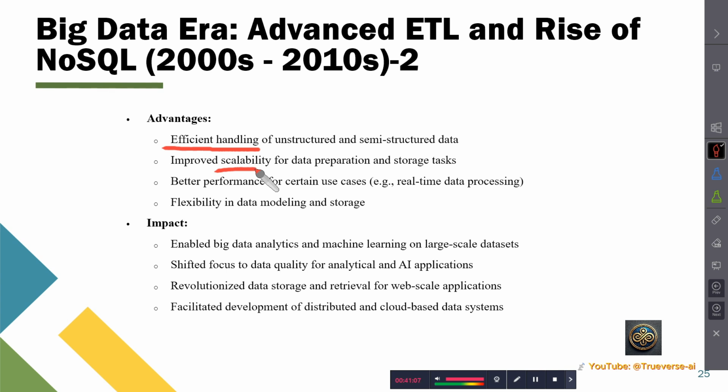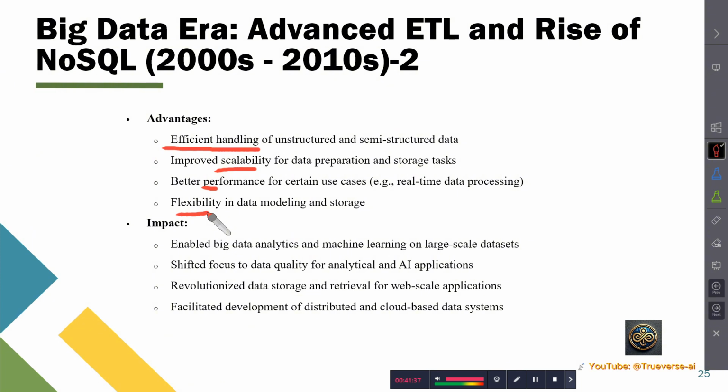Scalability: one of the key benefits is improved scalability for both data preparation and storage tasks, making it easier to process large datasets. Another is performance. These systems offer better performance, such as real-time processing, which is vital for industries like finance and e-commerce.